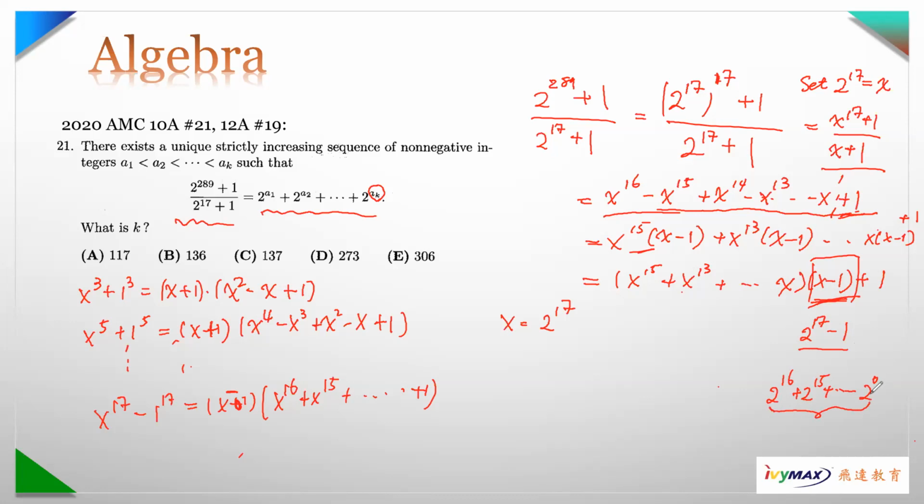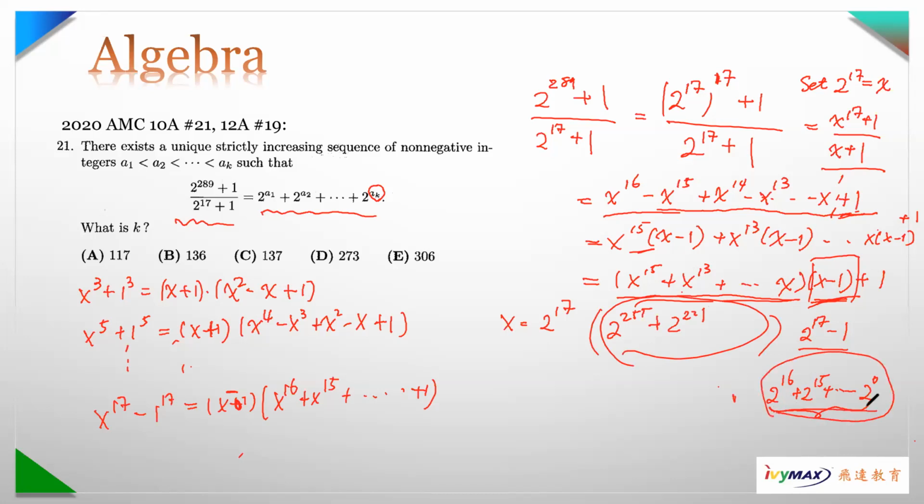And all the items in the first factor, let's say this one, if I plug in, that should give you 2 to the power 255, okay, plus 2 to the power 221, right? So how many factors in the front times this part? We should have 17 items in the second parenthesis, right?